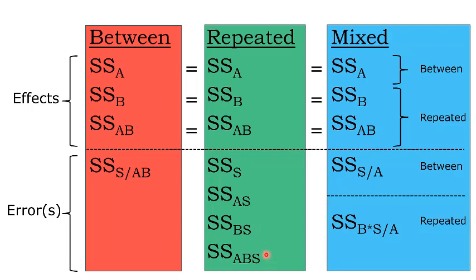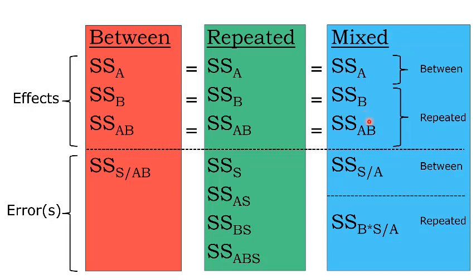For mixed designs, it gets tricky. Because we consider A to be completely between, it gets its own error term of subjects within A. So the between groups component gets a between groups error. Now B and AB, because it includes B, they're considered both repeated measures components.